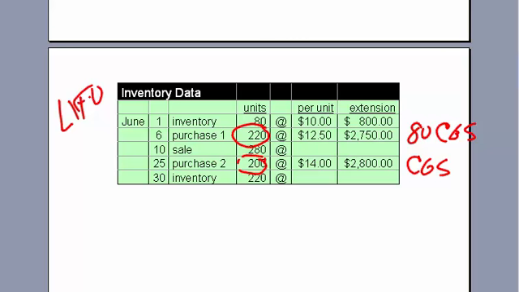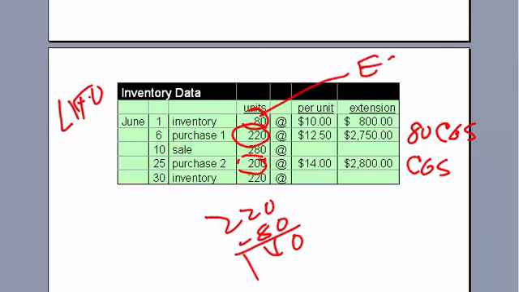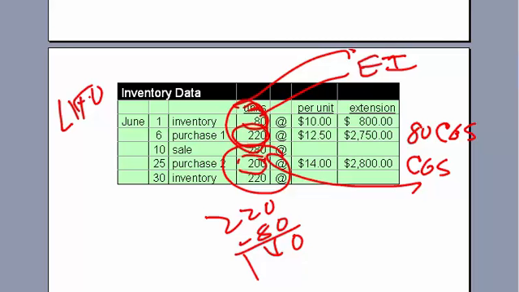Am I doing my math right? 220 minus 80, I'm getting myself in a little bind here, right? 140. So the 140 plus those 80 units there end up in the ending inventory. So again, under the LIFO method, the lower ones go to the cost of goods sold, the beginning ones end up in ending inventory.